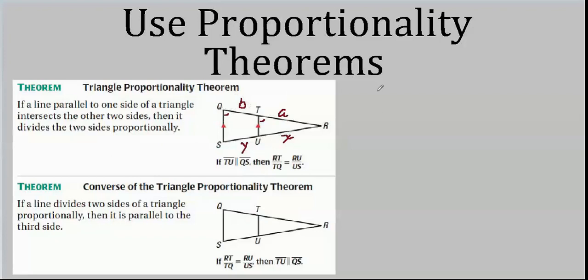And since they're similar, they have the same ratio. So we could have written A over A plus B, but that'll be harder. We'll just start with A plus B, that's the long side over the short side. And that has to be the same as X plus Y over the short side here, which is X.